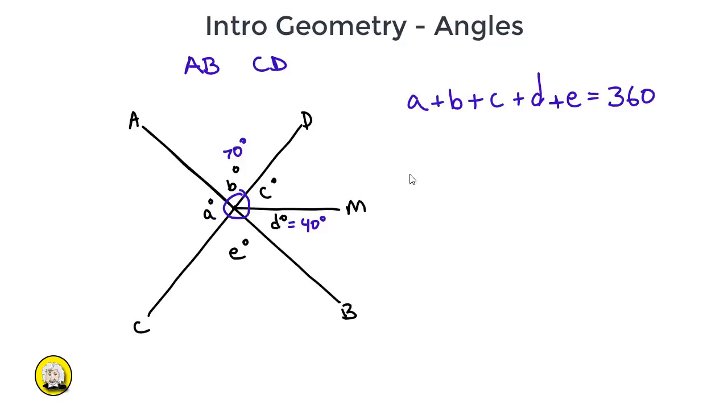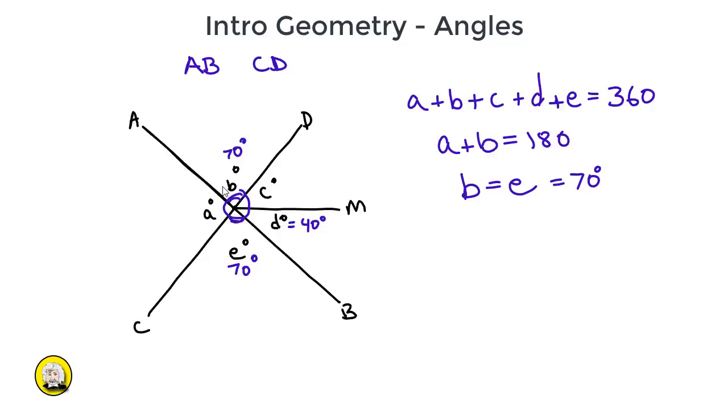Likewise, I see some supplementary angles, like A plus B, they must equal 180 degrees. And in turn, I actually see opposing vertical angles, B and E, so I know angle B must be congruent with angle E, and we're given angle B is 70 degrees, so I know E is also 70 degrees.